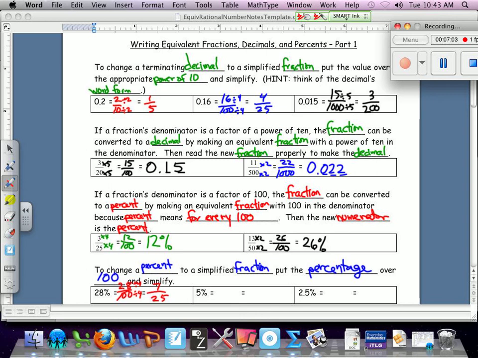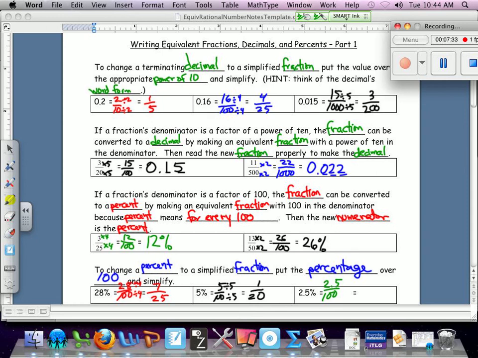Maybe, maybe not. Alright, so 28% is 28 per 100. So then I can divide by 4 on the top, divide by 4 on the bottom, and I get 7 over 25. Well, the next one, 5%, is 5 over 100. I can divide by 5 on the top, divide by 5 on the bottom, I get 1/20.